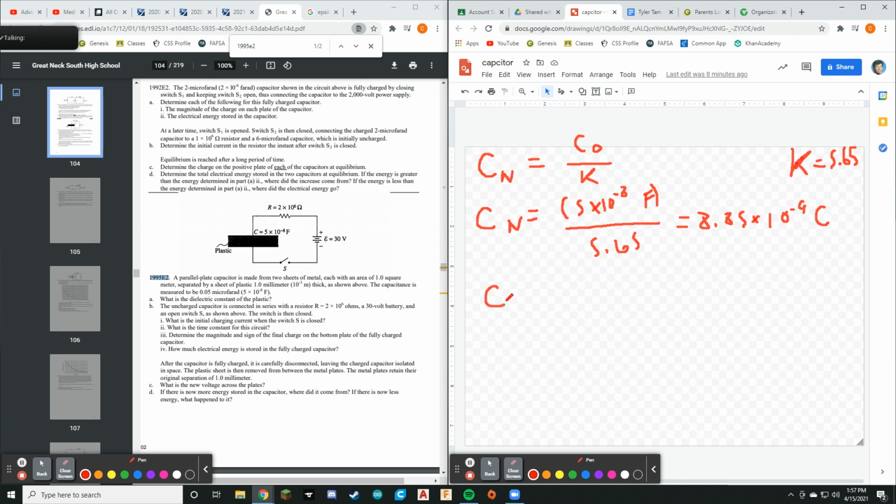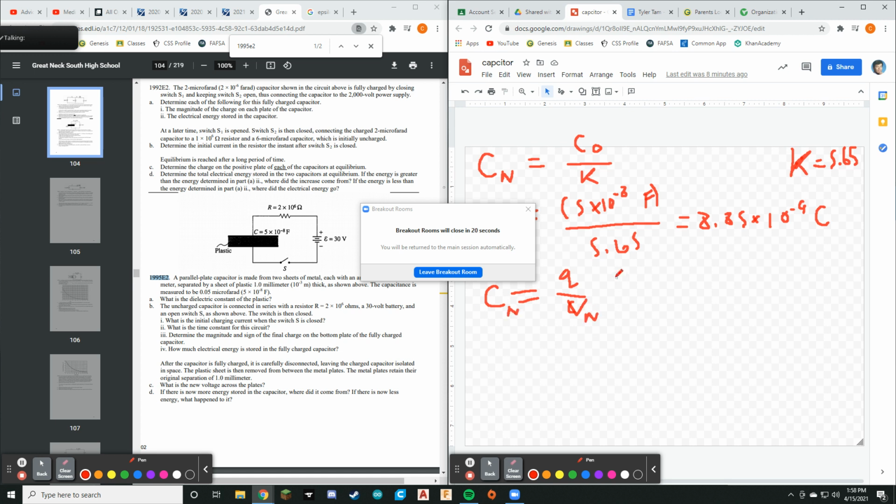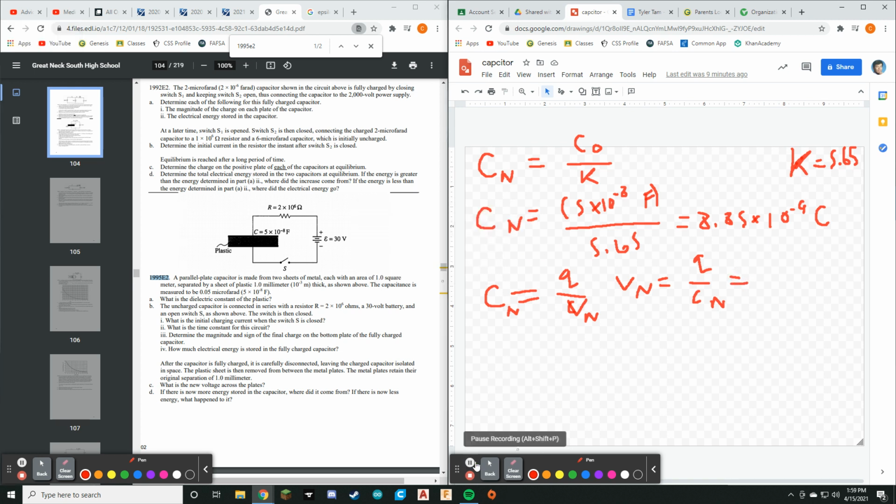And then we use our equation C equals Q over V. So we know that V new equals Q over our new capacitance. Now Q stays the same because the capacitor is fully charged and it doesn't discharge to anything. So we just plug in our values.